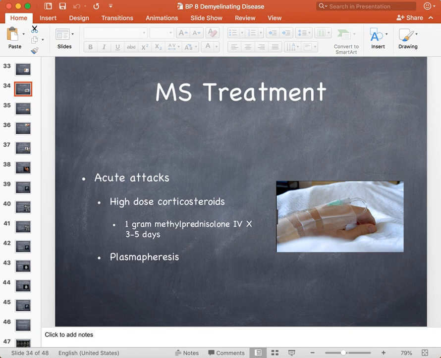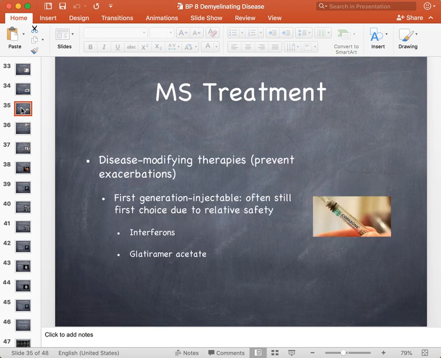So steroids and plasma exchange don't alter the overall course of the condition. But the last time I took my board exams, which was 10 years ago, this was all we had to talk about, at least in my world as a general neurologist. These first-generation injectables are the interferons or glatiramer acetate injectables, depending upon which one it is.